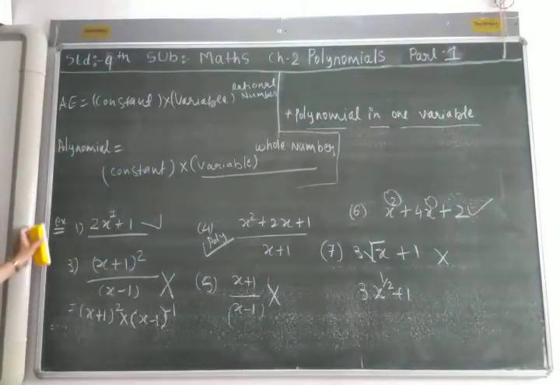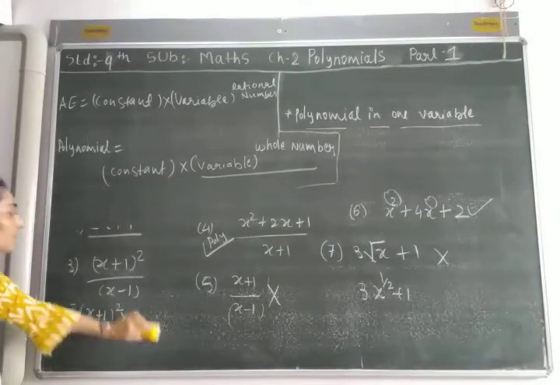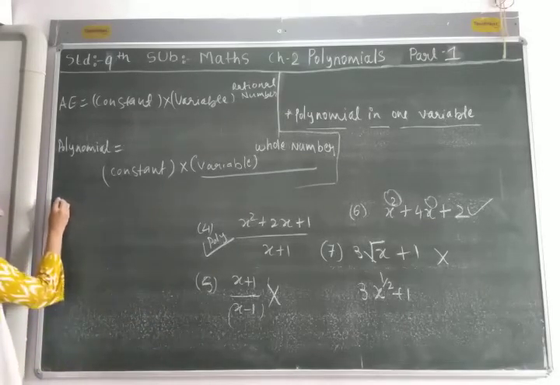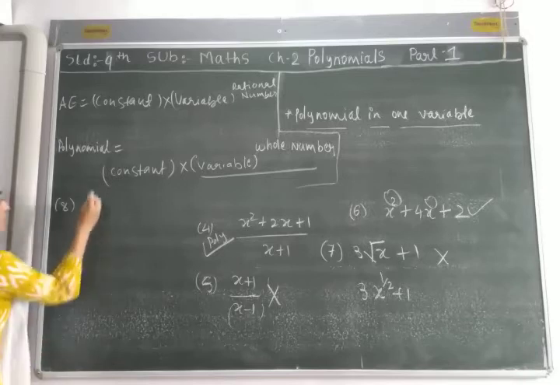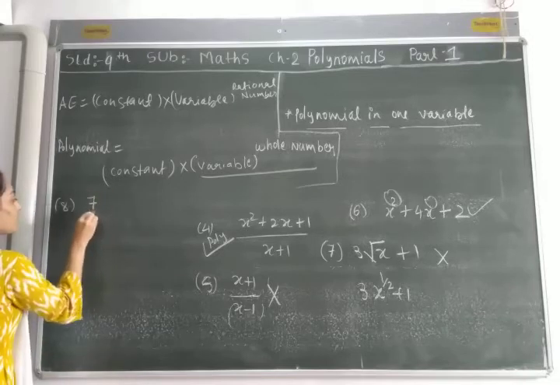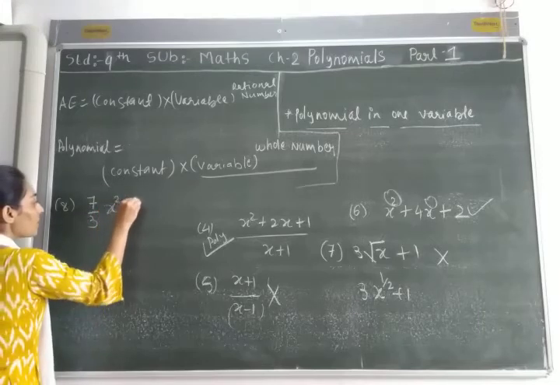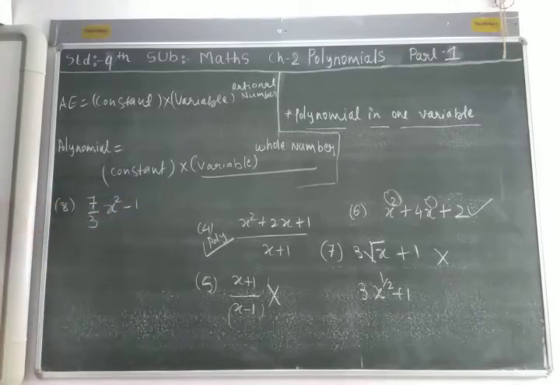So we can say this one is not a polynomial. Okay. Now let's take one more example to understand. Say 7/3 into x square minus 1. Is it a polynomial? Yes. See, we are not talking about the constant.